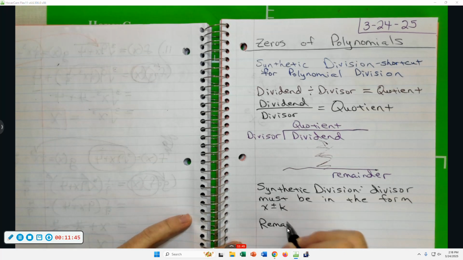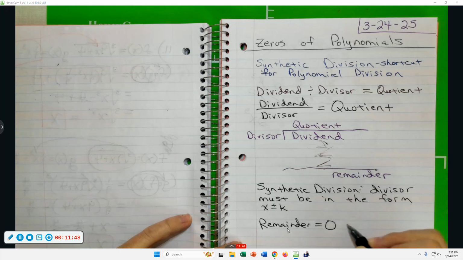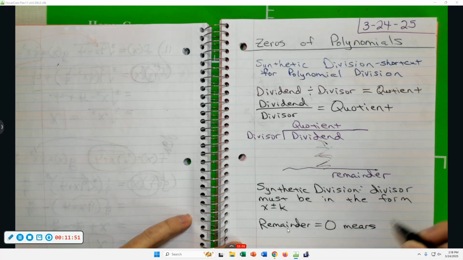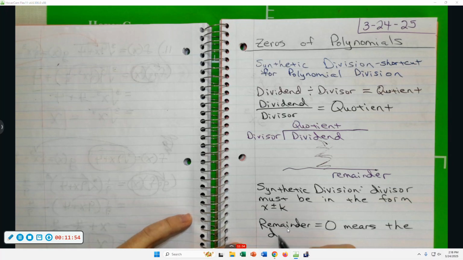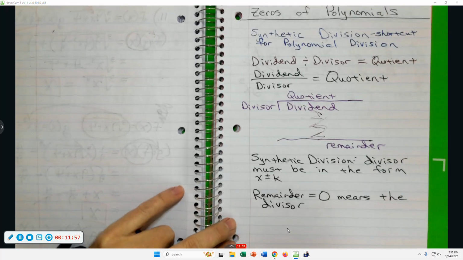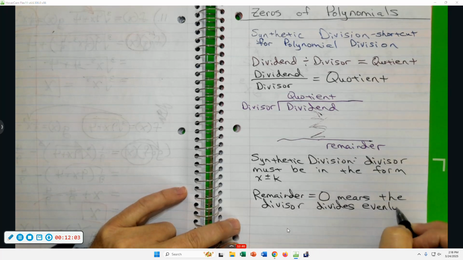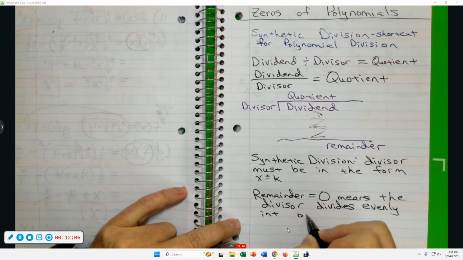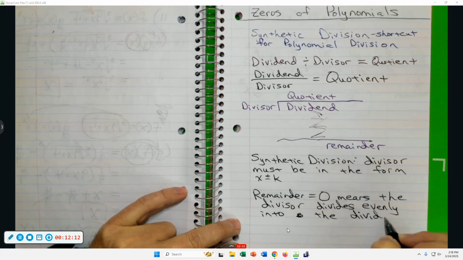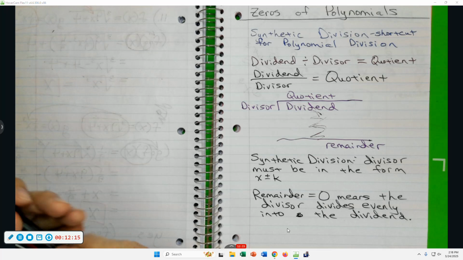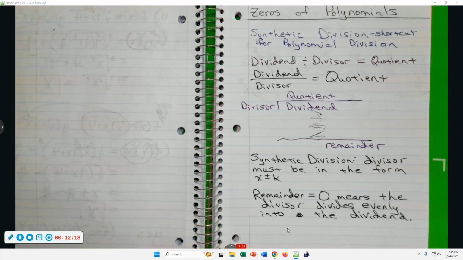Remainder equals 0 means the divisor divides evenly into the dividend. For example, 4 divides evenly into 8 because 8 divided by 4 is 2, remainder is 0. Dividing evenly just means that the remainder is 0.